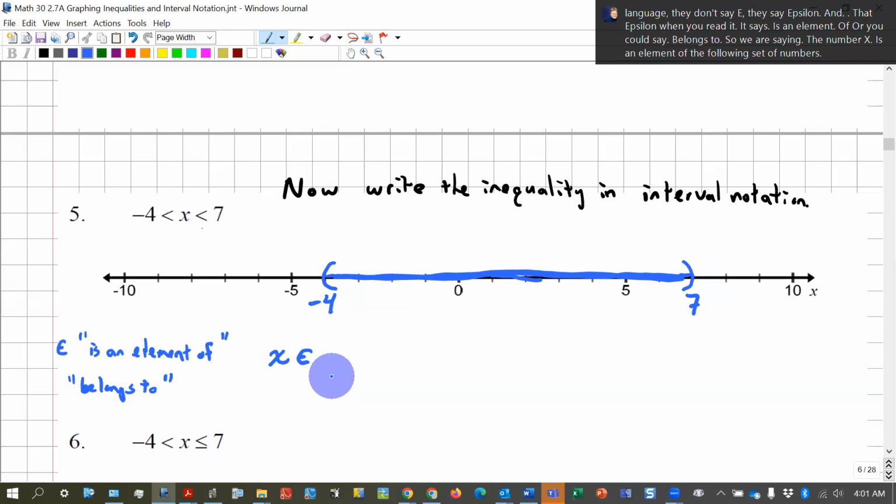And what we type looks essentially like our picture using method 2 with the parentheses and the brackets instead of the open circles and the closed circles. So our picture starts at -4 with a beginning parentheses. Then we put a comma, and our picture ends at 7 with an ending parentheses.